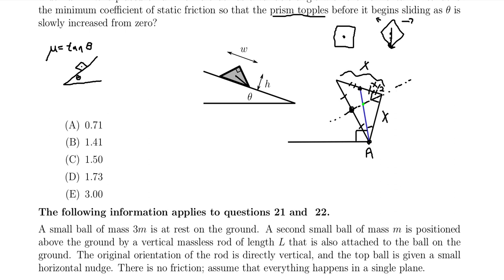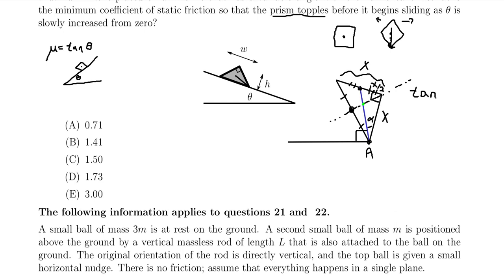So this smaller angle here, I'll call it alpha. Alpha satisfies the property that tangent of alpha is 1/2, because the opposite is x over 2 and the adjacent is x.